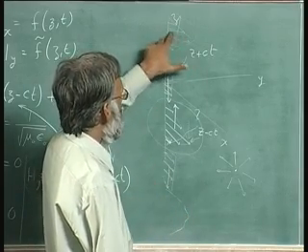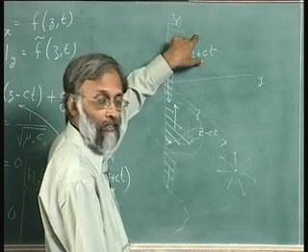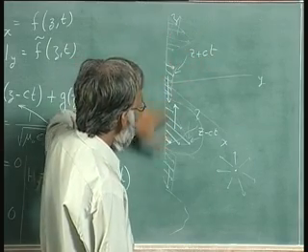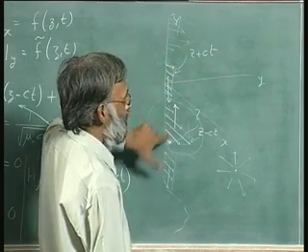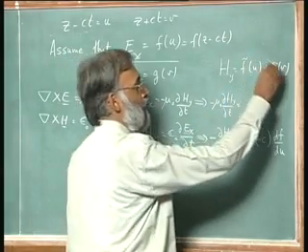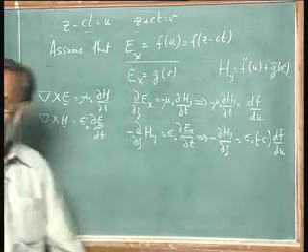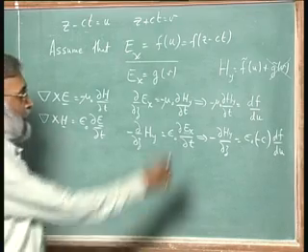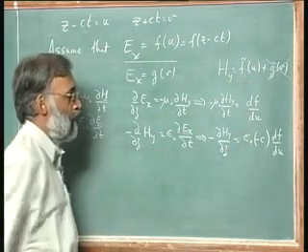Curl of E is related to del H del T at this point. So, whatever direction the electric field is moving, magnetic field must move in the same direction. So, it means there is no G of V. So, I now know that H y is F tilde of u.